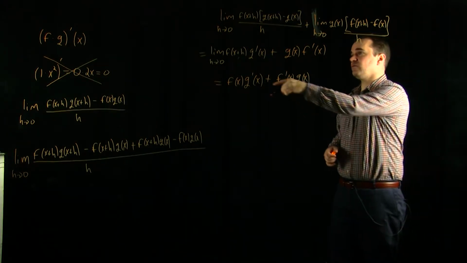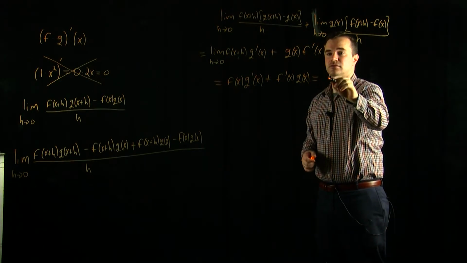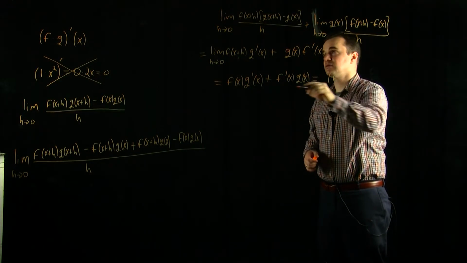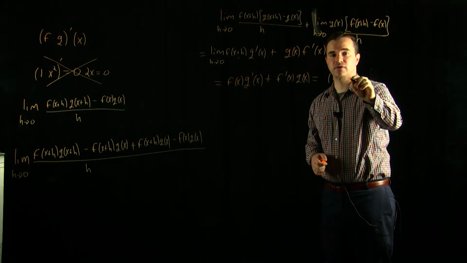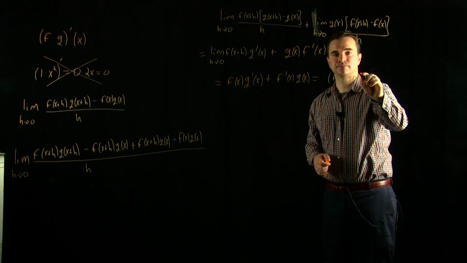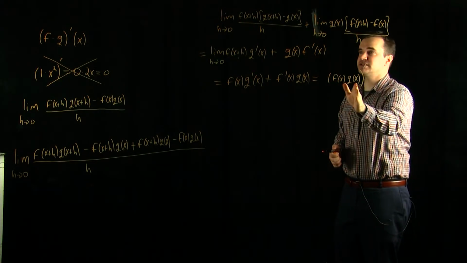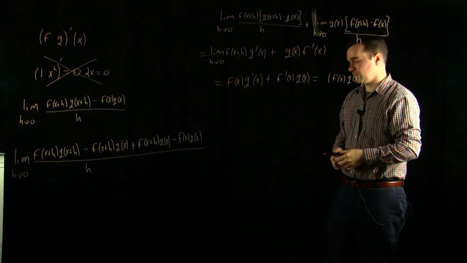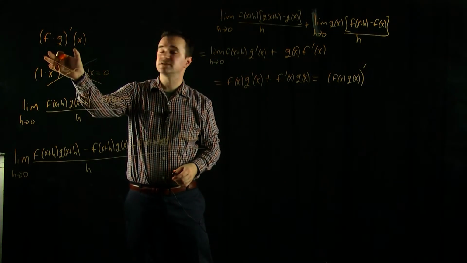And what we started off with was the definition of f times g and take the derivative. And I'll put in the variables here. You could say f of x times g of x and take the derivative, or you could say f times g and plug in x. That they mean the same thing.